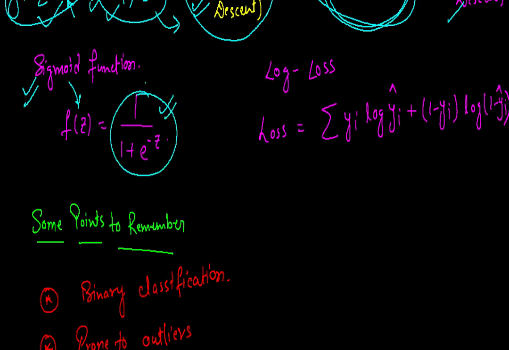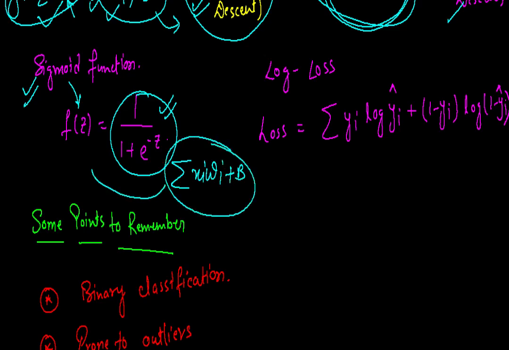In our case we are passing the weighted sum of our feature vectors, so the thing that we are passing is the summation of xi and wi plus b, right? This is the thing that we are passing here.